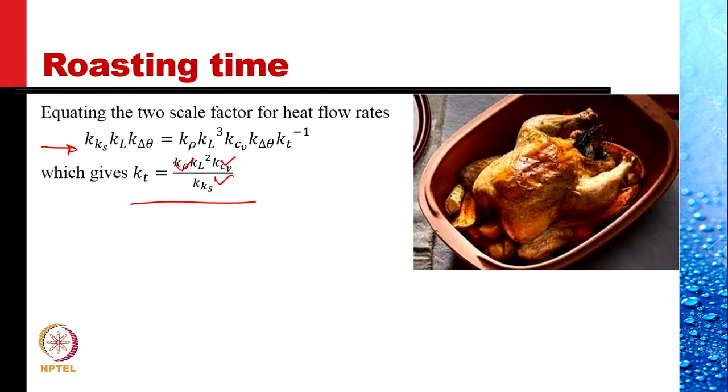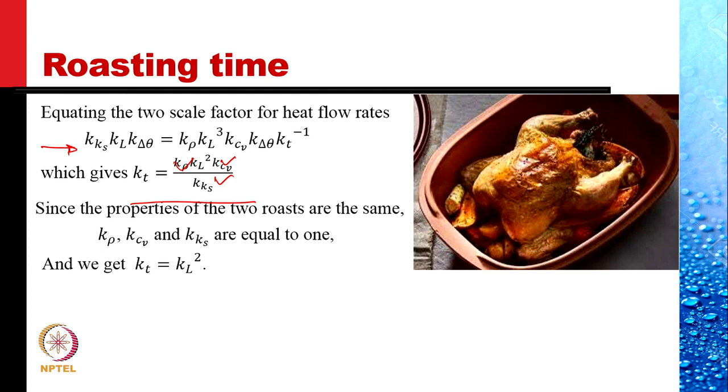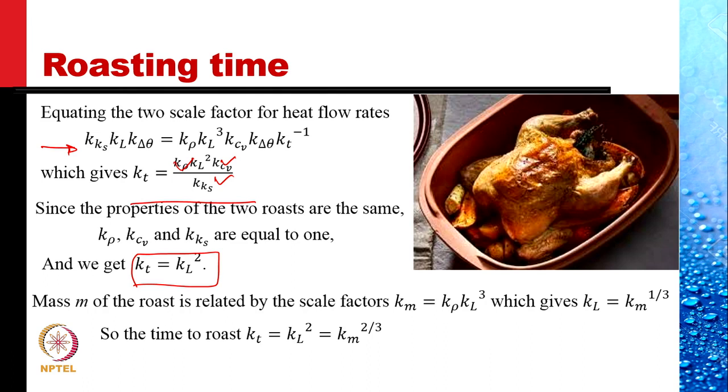So this gives us Kt is like Kl squared. The time scale factor is like the square of the length scale factor. And what is the length scale factor? Length scale factor is related to the mass scale factor. We are given mass scale factors. Km is K rho Kl cubed, density times the volume, which gives Kl is like Km raised to power 1/3.